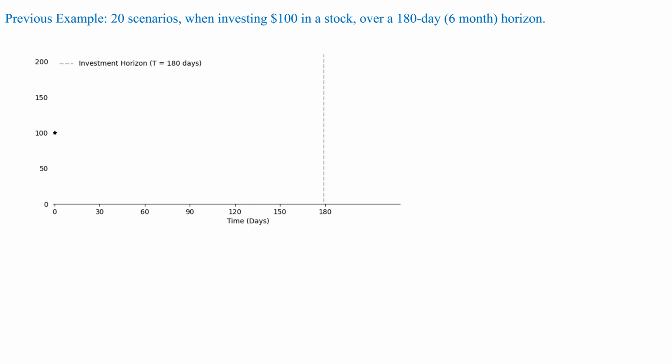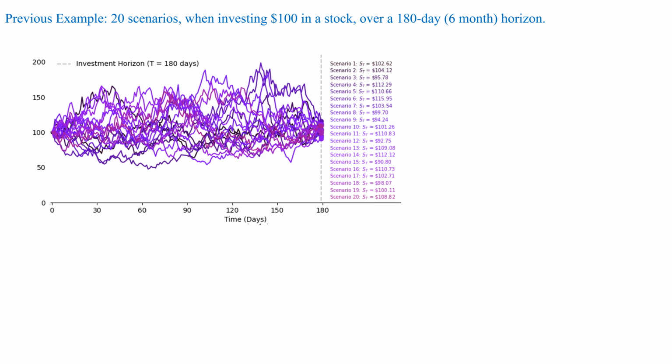So to explore the payoffs and profits of writers, let's look at our previous example where we considered 20 scenarios when investing $100 in the stock over a 180-day horizon.